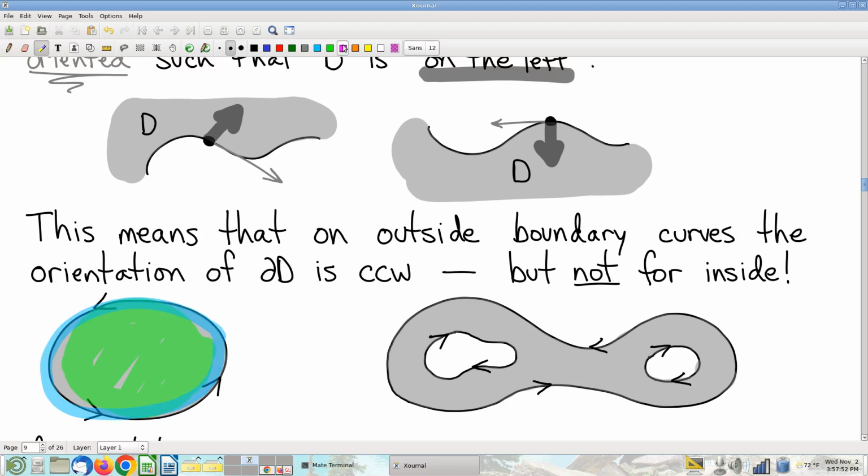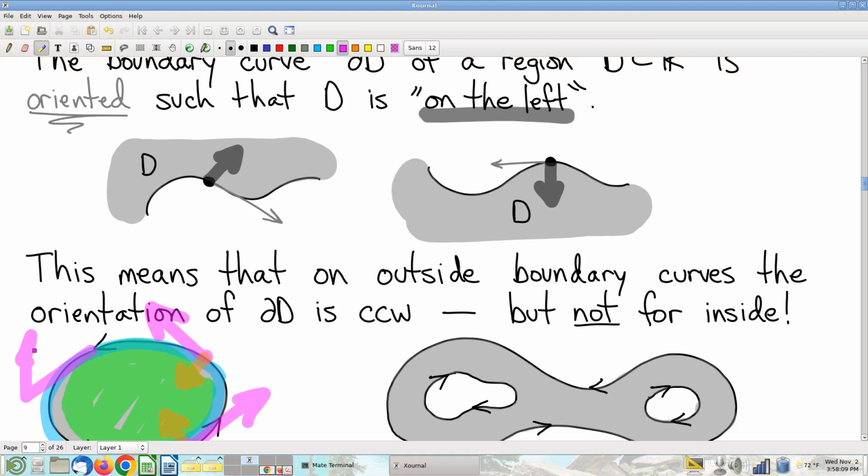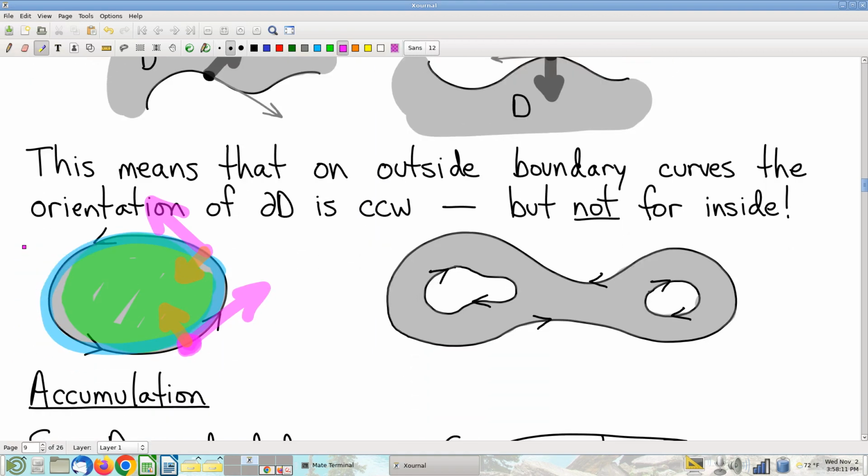And notice, wherever you might happen to be on this curve, going in the direction that puts the region on your left always has you going counterclockwise, doesn't it? So sometimes it gets misstated as, always go around the boundary counterclockwise.